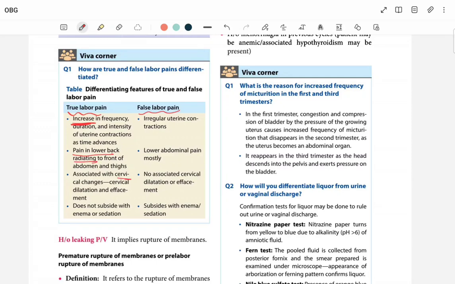It is associated with cervical changes, that is cervical dilatation and effacement. It does not subside with enema or sedation. In false labor pain, you get irregular uterine contractions, mostly lower abdominal pain, not pain in the back, not associated with cervical dilatation or effacement. It subsides with enema or sedation. So if you just give an enema or sedation, false labor pain subsides, whereas true labor pain does not.